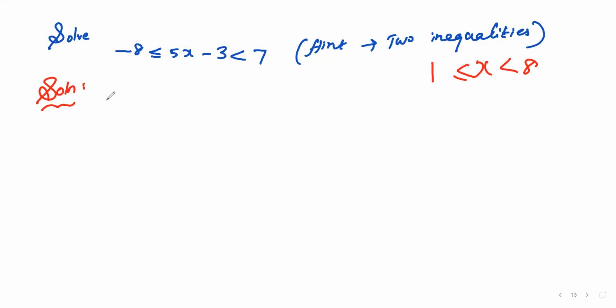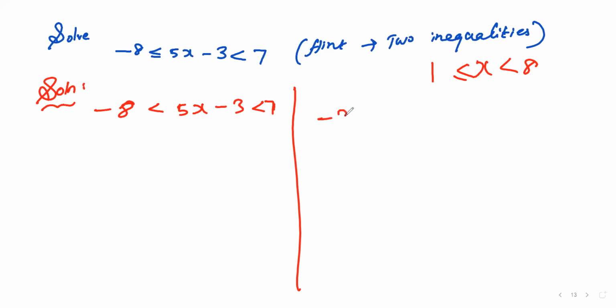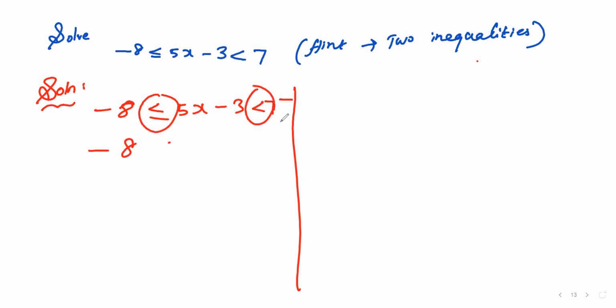So we have to write minus 8 less than or equal to 5x minus 3 less than 7. Here one inequality is there, right?